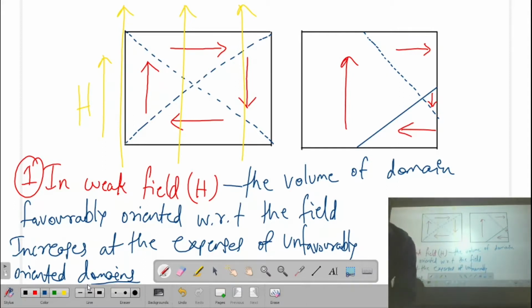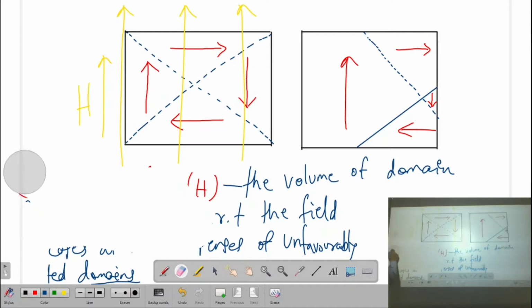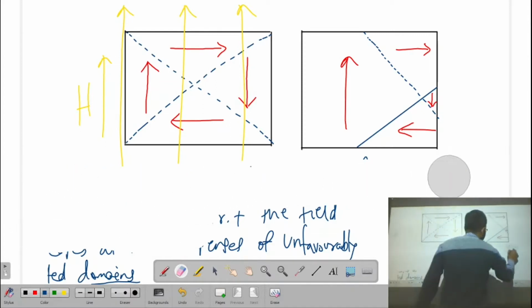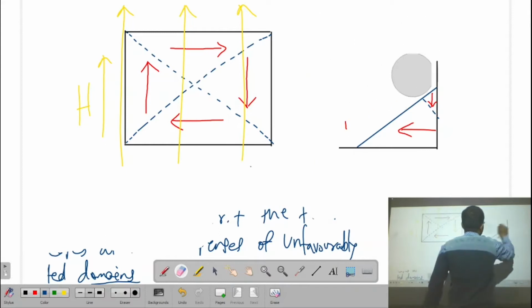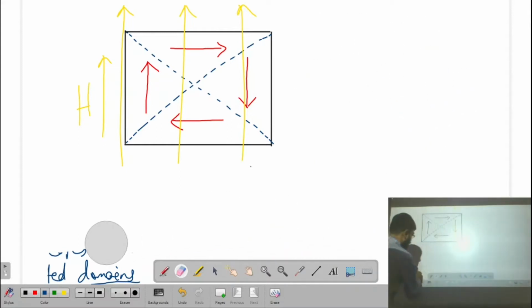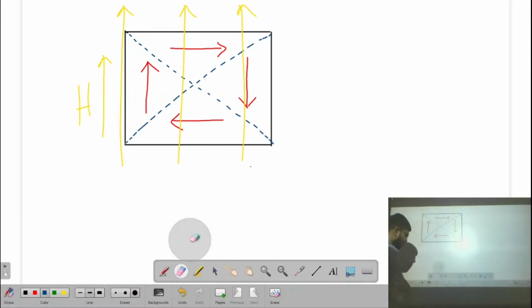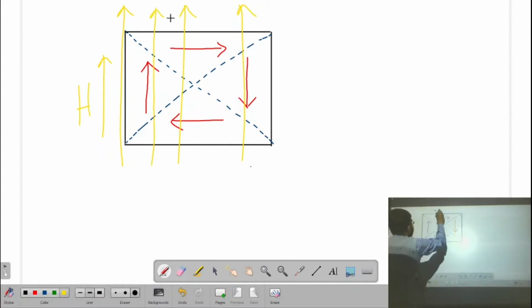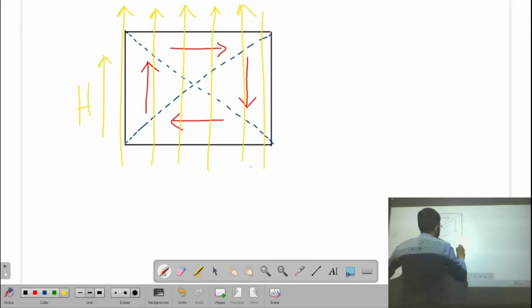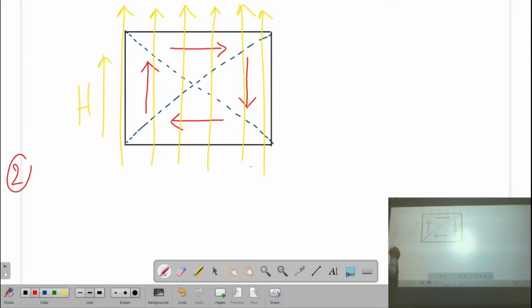Now let us take another example, that is for a strong field. What is going to happen for a strong field? This is for a weak field. Now if the field is strong, then we'll have more H field lines. This is for a stronger field, that is number 2.